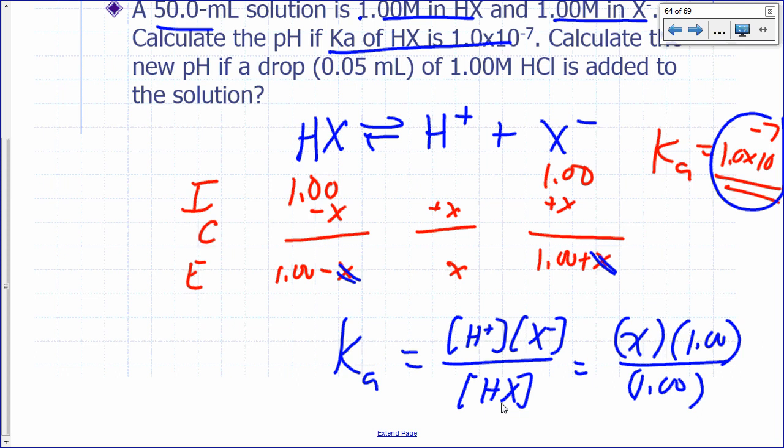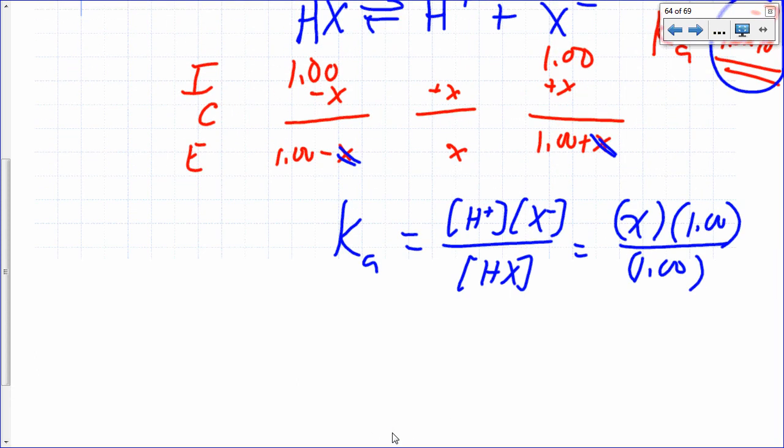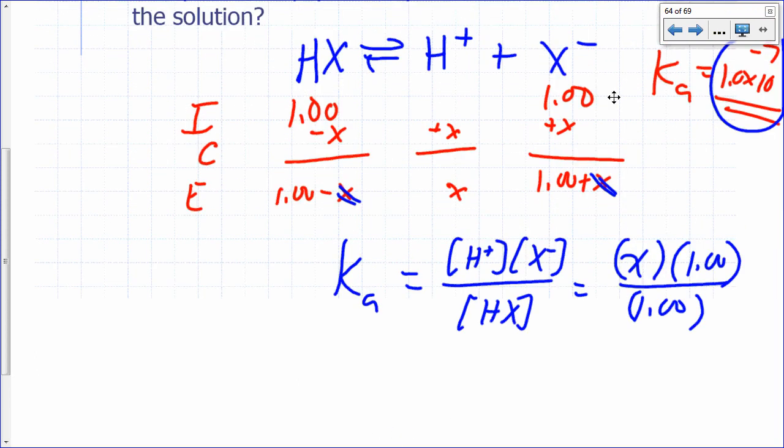Okay. This is the beauty of problems where you have comparable amounts of a conjugate acid-base pair. Whenever you have comparable large amounts of a conjugate acid-base pair, they're not trace amounts, but you have finite amounts and they're comparable. Your problem is really simple because you can pretty much ignore changes in those.